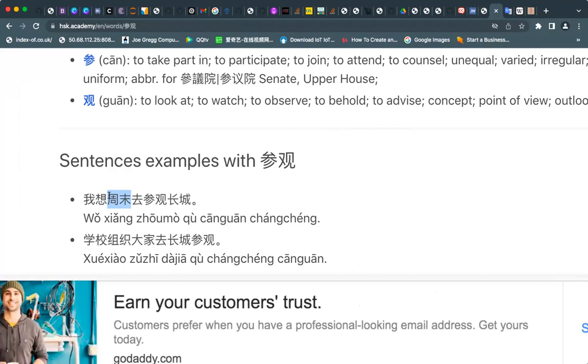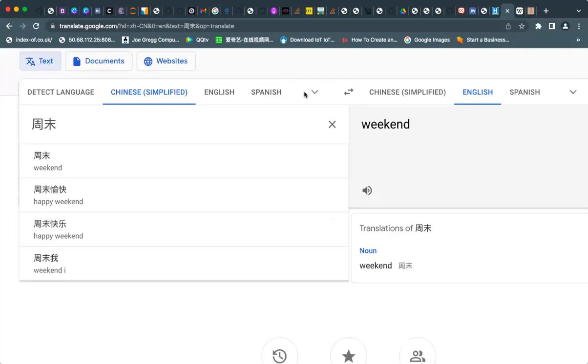Oh, I think I'm gonna go visit the Great Wall this weekend. Oh yes, very good. So Changcheng is the Great Wall. It is.